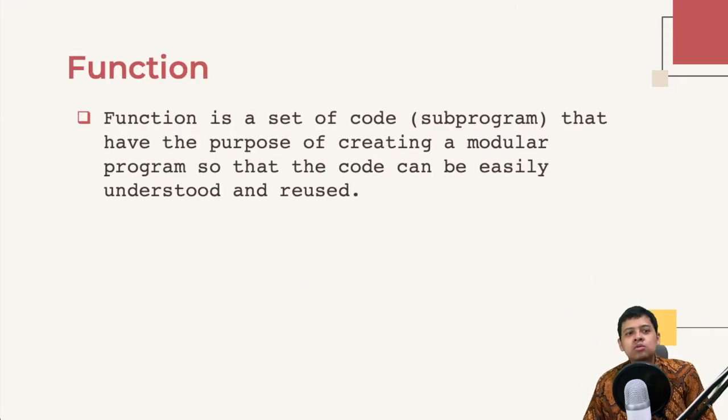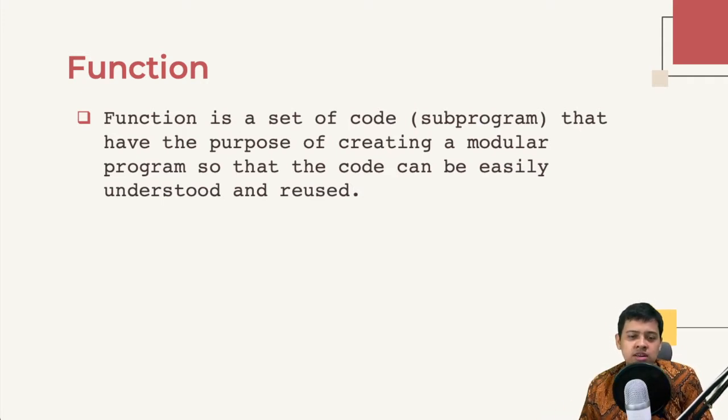Now, what is the definition of a function as a standalone function? A function is a set of code, or a subprogram, because a program is a set of functions. A function consists of a set of code that has the purpose of creating a modular program so that the code can be easily understood and reused.